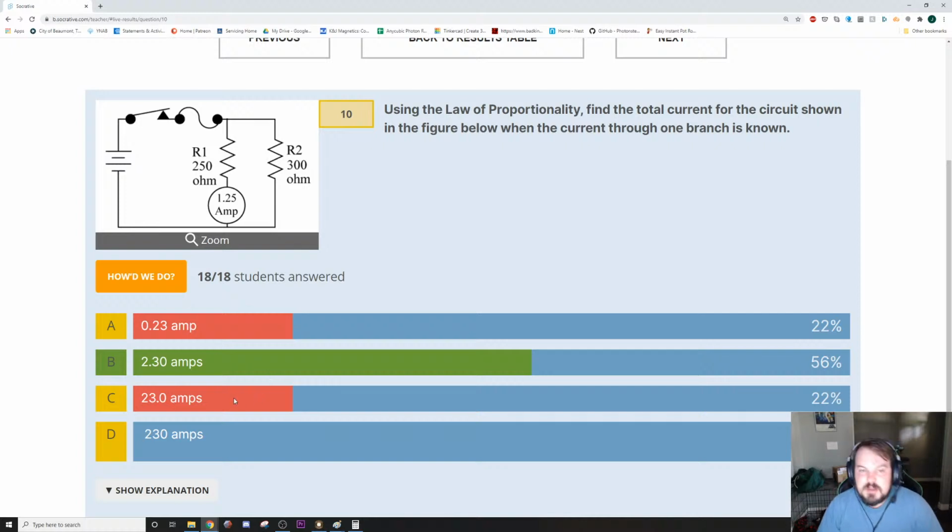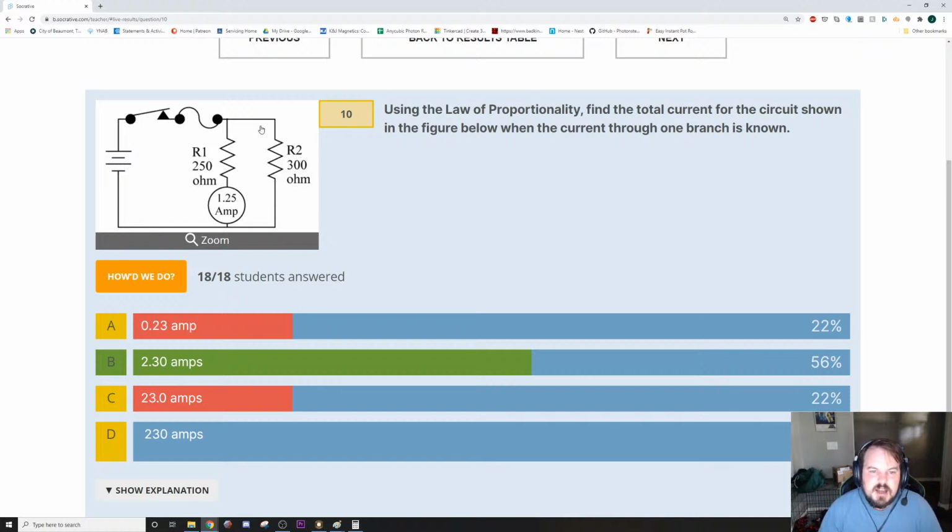You didn't even need to do any math on this one. Let me show you. Look at your answer choices. 250 ohms gives you 1.25 amps. You know amperages are proportional. The other leg is 300 ohms, so it's going to be lower than 1.25 amps, because higher resistance means lower amperage.